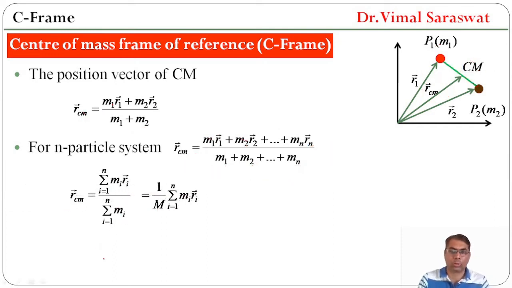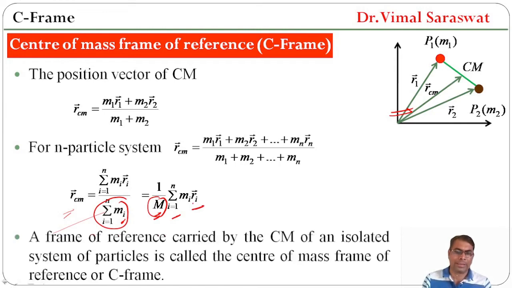Since the total mass of this system is capital M, sigma i equal to 1 to n of mi equal to capital M, and this capital M is the total mass of the system. So R_CM equal to 1 upon M sigma i equal to 1 to n of mi ri.